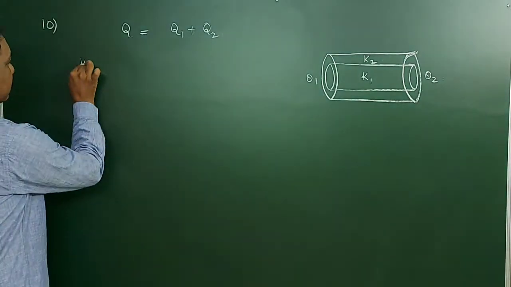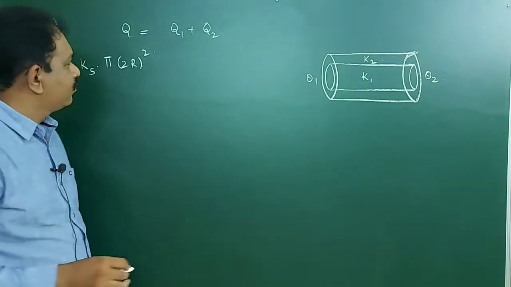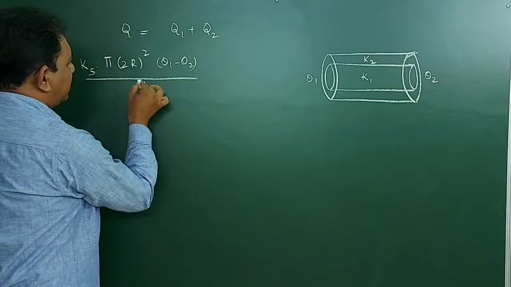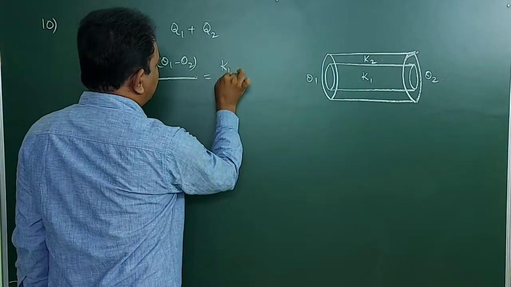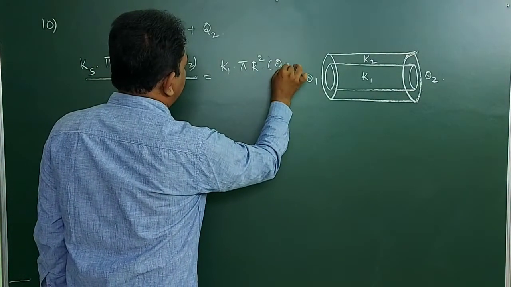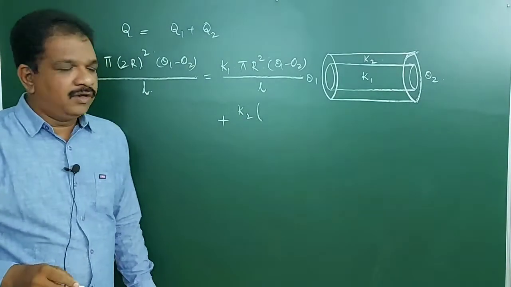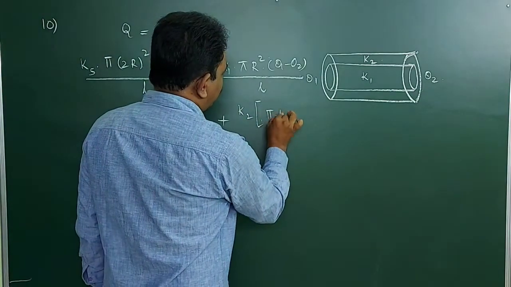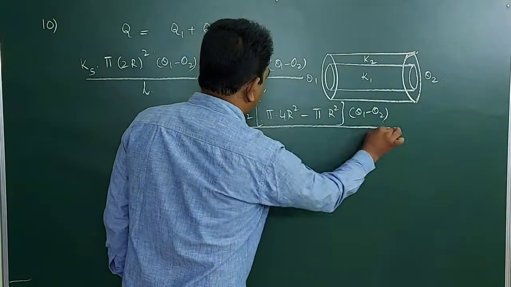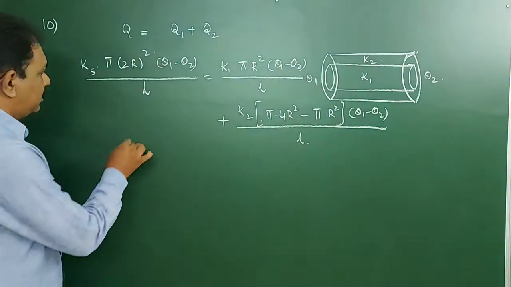So, write Ks into area pi into (2r) whole square into (theta 1 minus theta 2) by L is equal to K1 pi into inner radius R, (theta 1 minus theta 2) by L, plus K2, outer cylinder area will be pi into 4r square minus pi into r square, (theta 1 minus theta 2) by L. So, pi and L cancel.